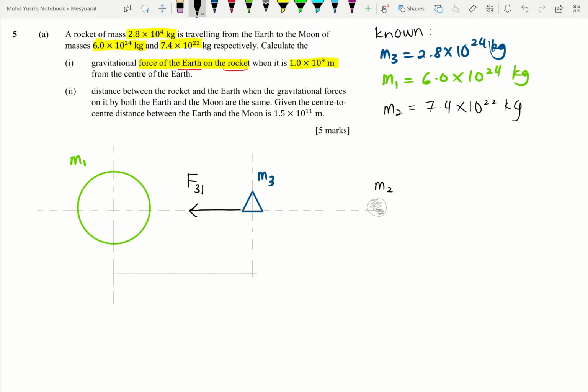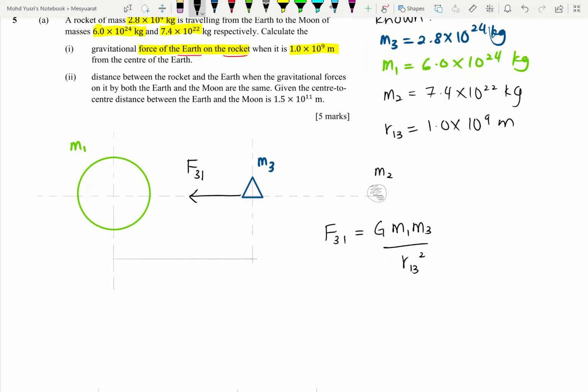F31. Okay. So soalan nombor 1 very simple. We just need to apply Newton's law of gravitation equation. F31 is equals to G M1 M3 over R13 square. And given that R13, the distance between the Earth and the rocket, is 1.0 exponent 9 meter.